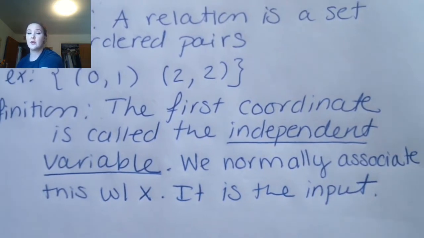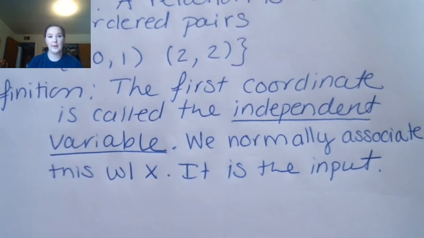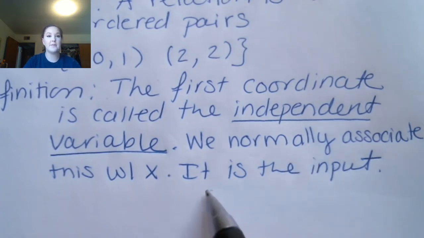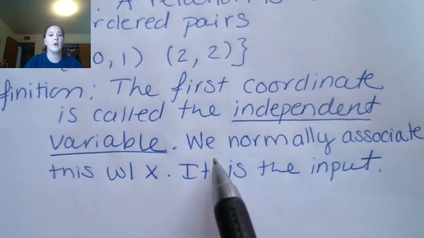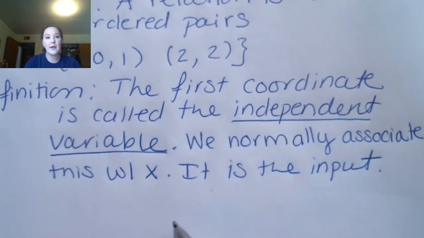Because you guys are mostly scientists, it's important to remember that there's a reason it's called independent. This is something that just happens. It's not dependent on anything else, whereas the dependent variable should rely on this. Good examples of independent variables are usually time or that kind of thing where it's just happening whether or not anything else is happening. And then the dependent variable in a science experiment is normally the measured value, and it's what you're keeping track of.